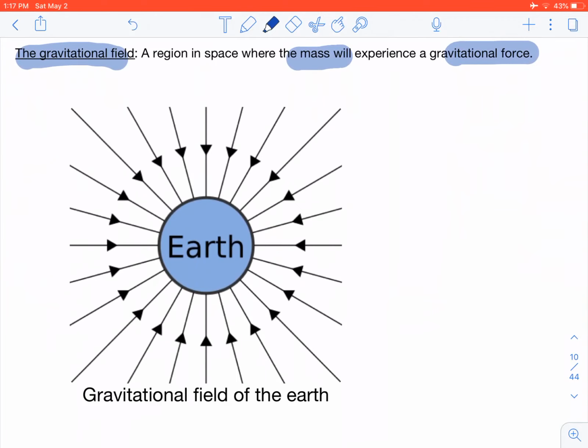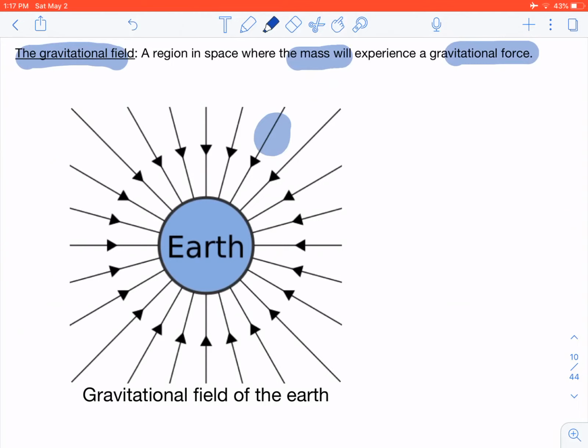But let's look at the Earth. This is the Earth's gravitational field, and you can see the field lines are moving towards the Earth. So if I, for instance, have an object here, that object will move towards the Earth. Does the Earth move towards the object?